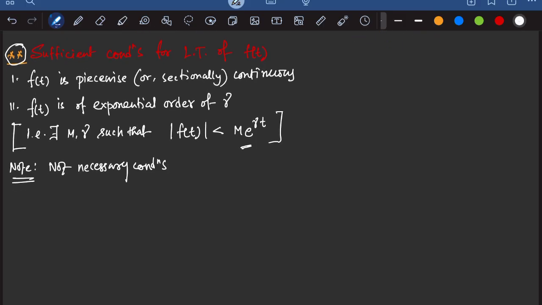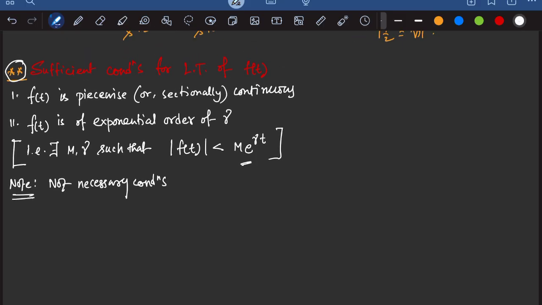A few important properties of Laplace transformation.